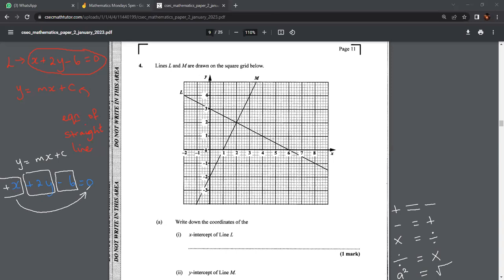My x was added. So when it goes across, I'm carrying everything one at a time across the equal sign. When I carry this across, it becomes minus x. I'm going to carry across the negative 6. It was minus 6, so when it comes across, it's going to become adding.